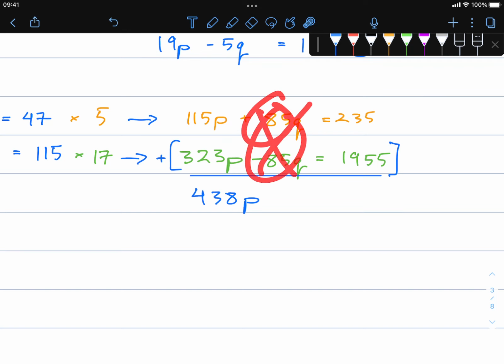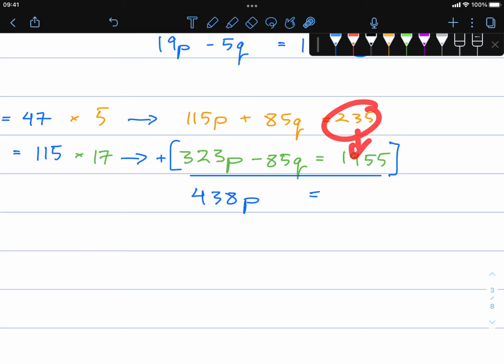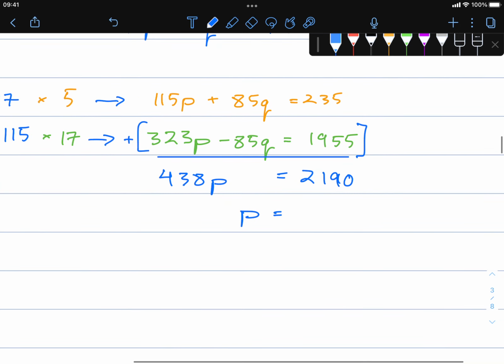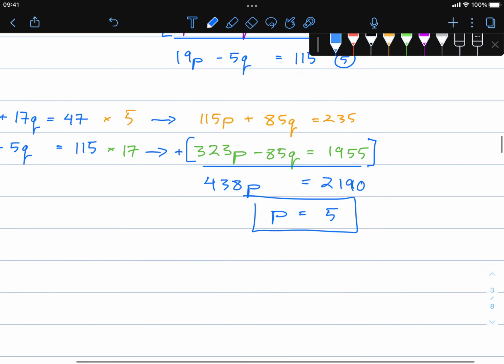This is going to eliminate q, it's gone, is equal to, adding these two, 235 plus 1955 is 2190, and dividing by that value, divide by 438. I do not believe it. It's going to be 5. It's a very neat number. It doesn't seem like this would become that.